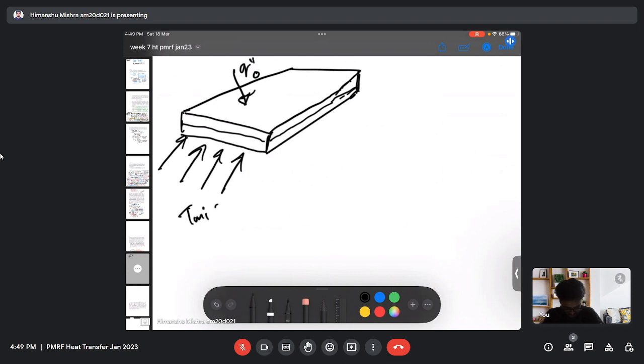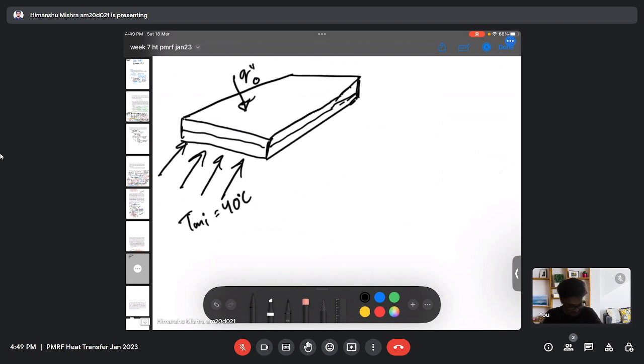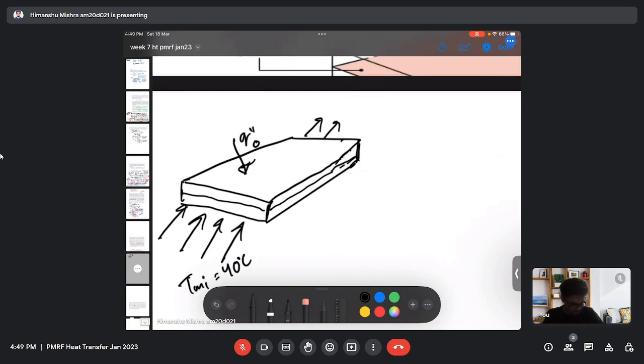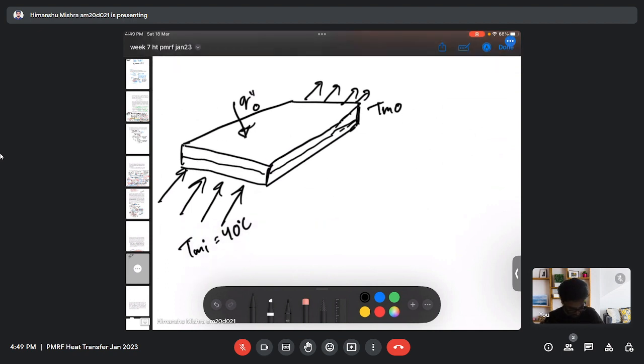At entrance, the temperature of air is 40 degrees Celsius, and the air is coming out from the exit. Here will be the mean outlet temperature. Here it will be the surface temperature, and the surface temperature will vary with x. So let's say this is my x distance. So my surface temperature is a function of x distance.